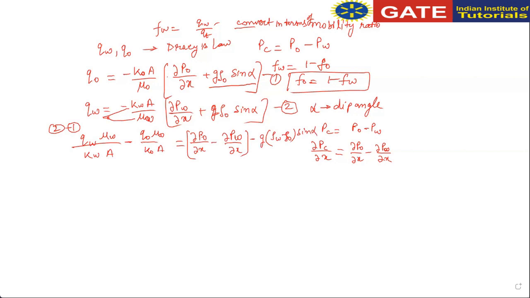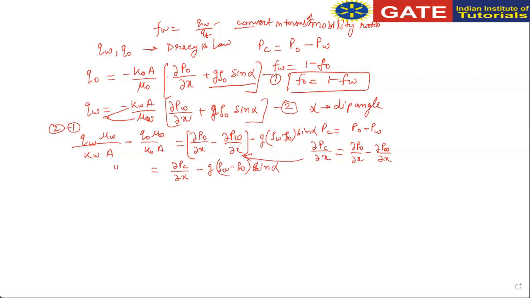So in place of this bracket, you can write PC. So del PC upon del X minus G del. And this equation is the same here.